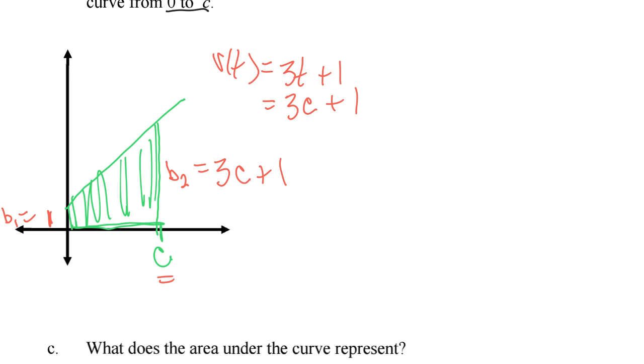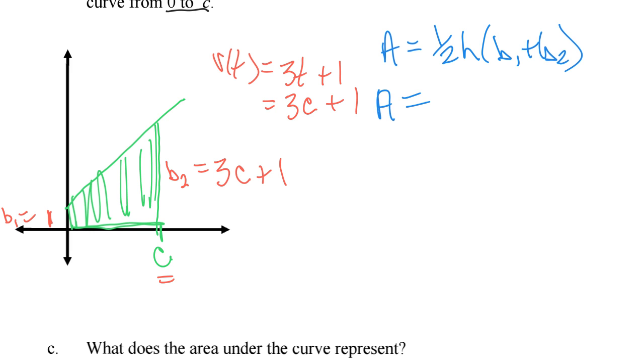And now again, they're asking us to find the area of that trapezoid. So area of a trapezoid is 1/2 height times the sum of the bases. I know what base 1 is, I know what base 2 is, and the height, instead of 4, this time is some unit c.